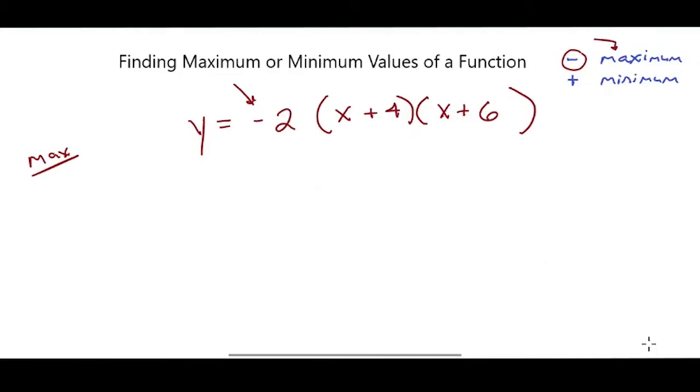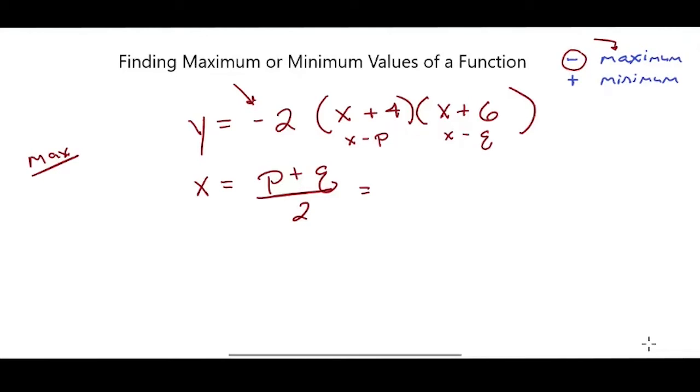So I need to find the y coordinate of the vertex. To find that, I will do x equals p plus q divided by 2. Well, if you'll remember, in intercept form, this should be x minus p and x minus q.